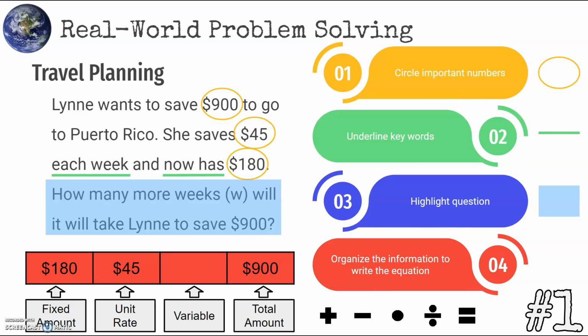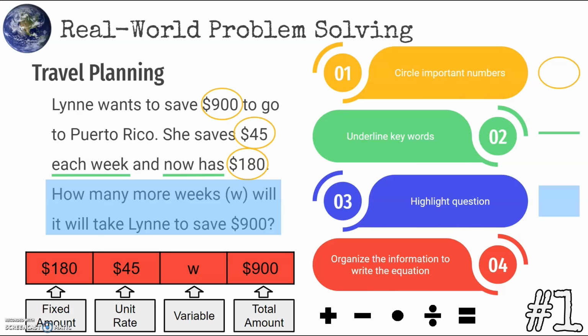And when it shows you a variable in parentheses, that usually means that's going to be the variable you're going to have in your equation or your inequality or whatever kind of mathematical problem you're going to have below from this word problem. All right, so now we have all of our numbers placed in the correct area down below.